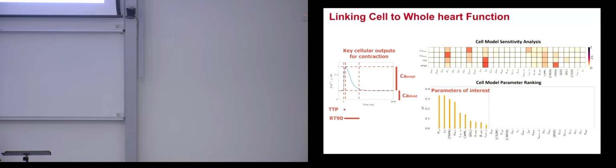We can then rank the sensitivity analysis and find which of the parameters explain 90% of that sensitivity. That gives us a ranked list of the parameters that we consider important in our model, and we choose to drop all of the parameters which aren't explaining 90% of the sensitivity. So this means we go from 29 parameters down to 8 or 9 parameters for the cell model.